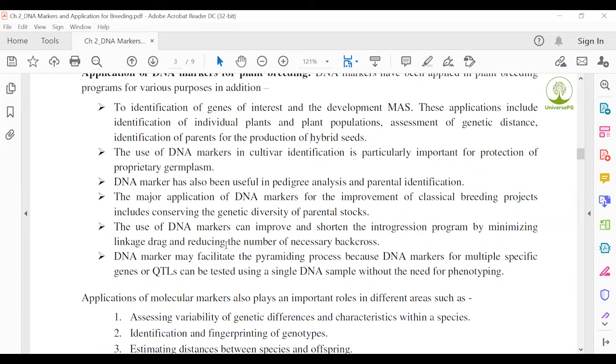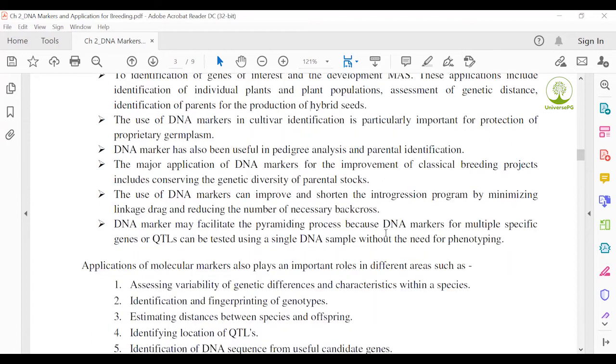And the use of DNA markers can improve and shorten the introgression program by minimizing linkage drag and reducing the number of necessary backcrosses. Last, DNA markers may facilitate the gene pyramiding process because DNA markers for multiple specific genes or QTLs can be tested using a single DNA sample without need for phenotyping.